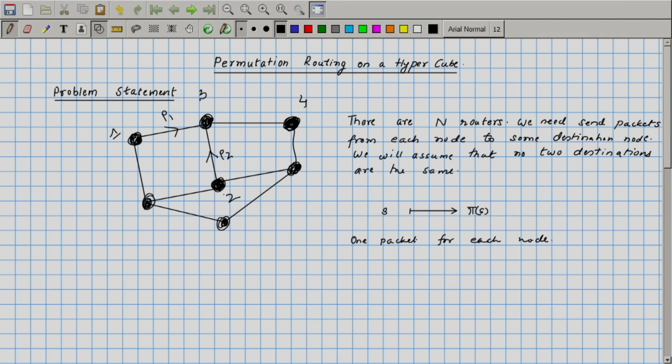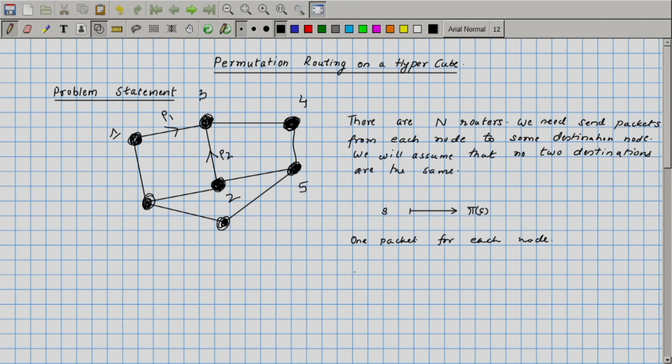Maybe for source 1 the destination was 5, and for source 2 the destination was 4. Both may have to use the path 3, 4. In that case, the packet waits, or the router can queue the packets at that point and then process them one after another.